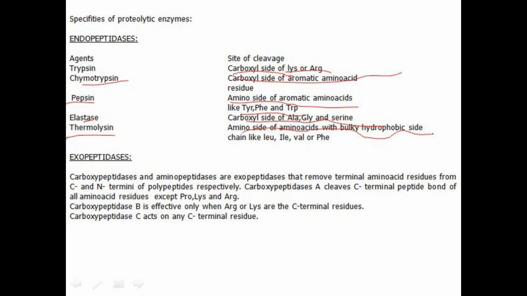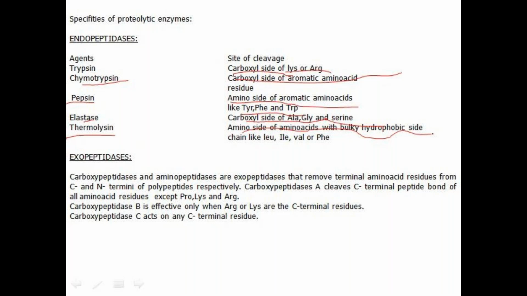You have to remember these enzymes; it's very important. Trypsin, chymotrypsin, and pepsin are the three most important.